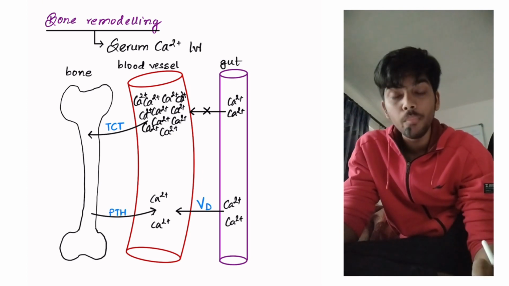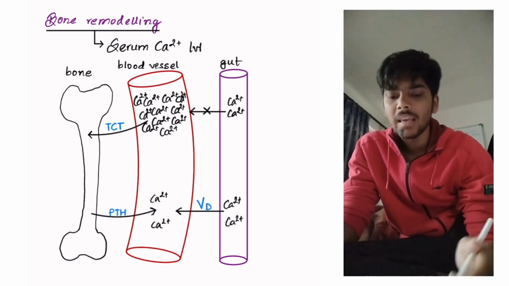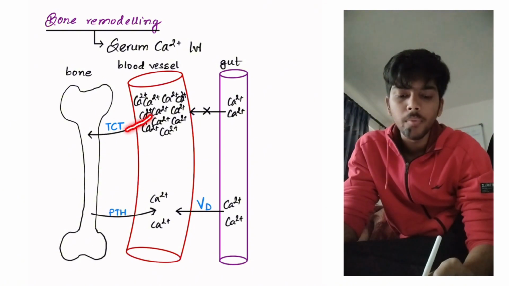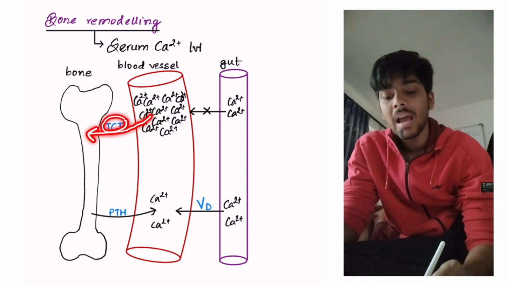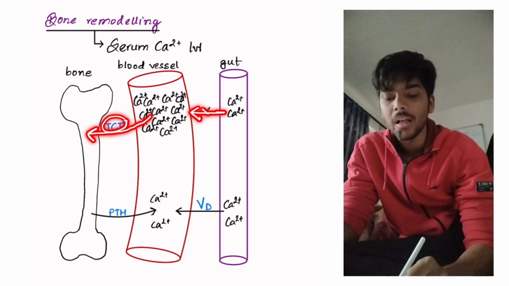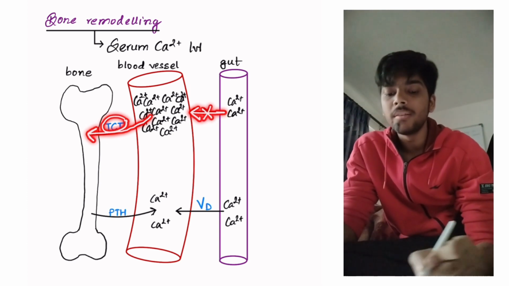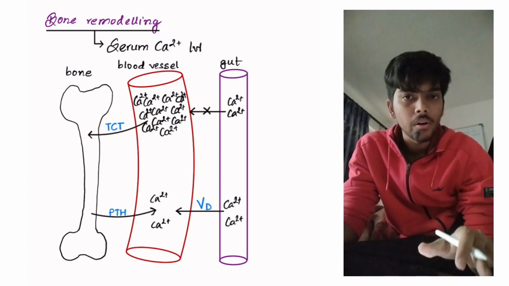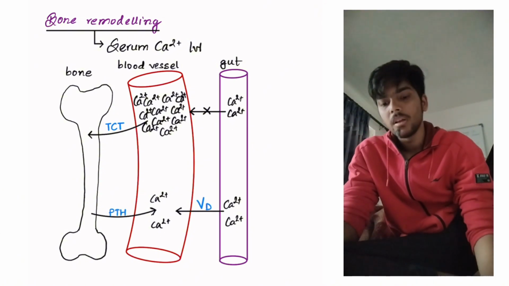And for formation of bone, you need calcium, and the calcium is pulled from the blood and deposited into the bone. This is brought by thyroid calcitonin. At the same time, thyroid calcitonin also inhibits the absorption of calcium from gut. This way, calcium level can be brought down back to normal.